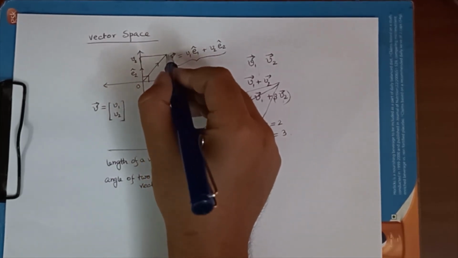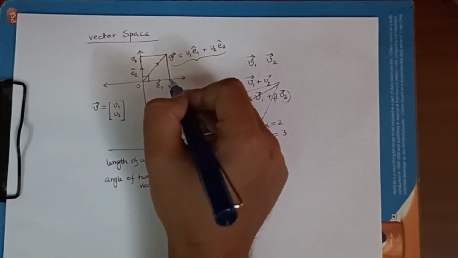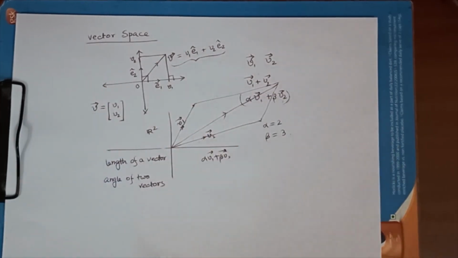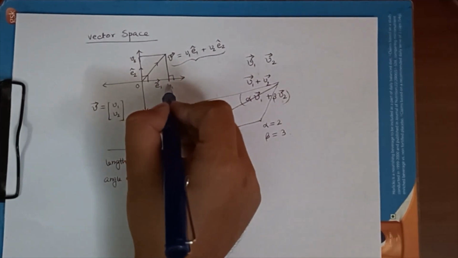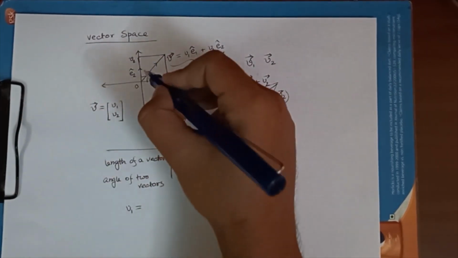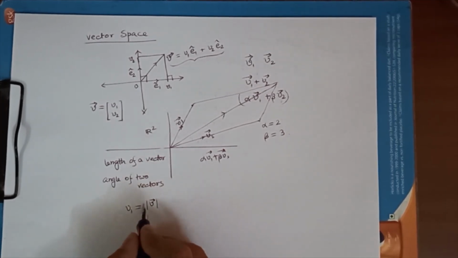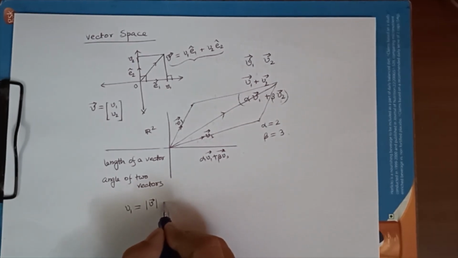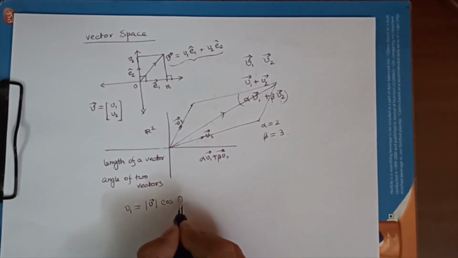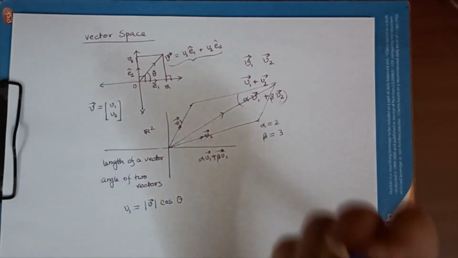So what is the projection? Projection is orthogonal projection. When you drop the line from the vector to the axis, it should make 90 degrees over there. Then you know what v1 is. v1 is basically the length of the vector, if I write the length of the vector by these double vertical lines, times cosine theta, where theta is the angle between the corresponding axis and the vector.